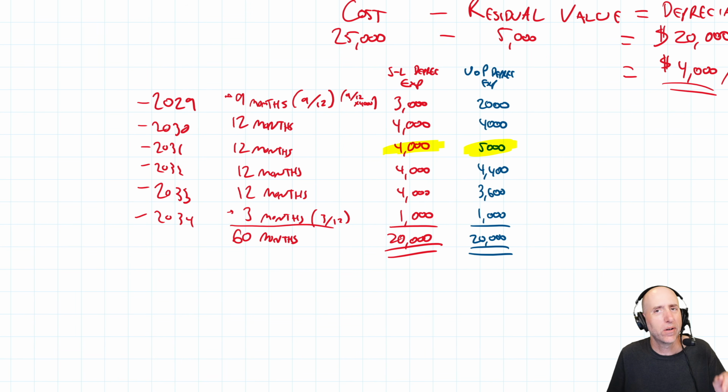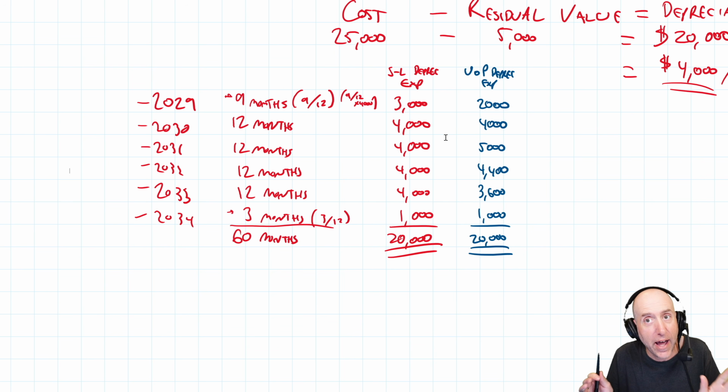Straight line says, no, just keep it simple, same every full year. Don't overthink this. Units of production says, I'd like to overthink it a little bit. I drove the asset more, I should depreciate the asset more. And so units of production has done its job. Straight line's also done its job. By the way, these are all estimates and guesses. Units of production may be a more educated guess for some purposes.